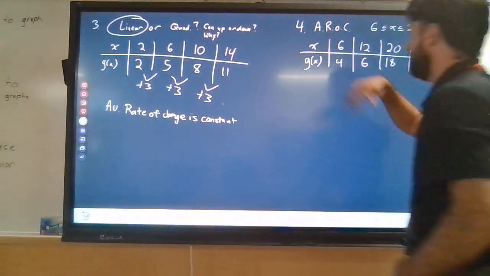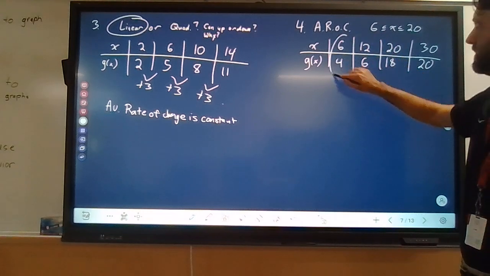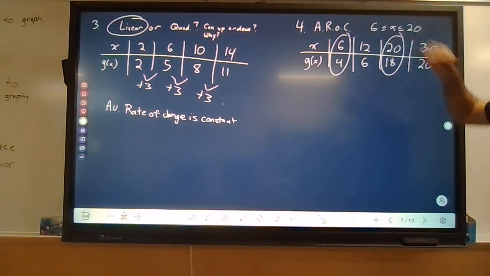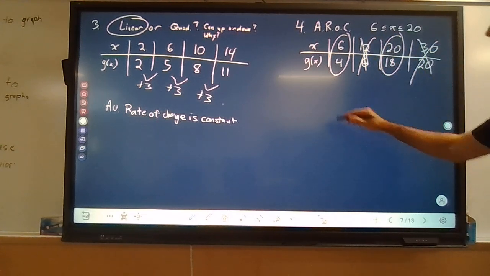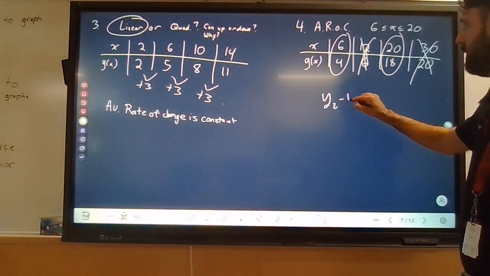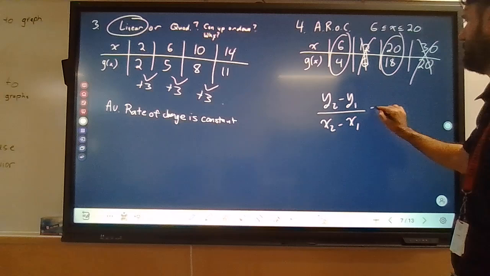All right, number 4, we're looking for the average rate of change on an interval from x equals 6 to x equals 20. And so all we have to do is pay attention to those two coordinate points. So we can ignore this right here, ignore that right there. And we have a formula for average rate of change. So we know that y2 minus y1 over x2 minus x1 is going to give us our average rate of change.